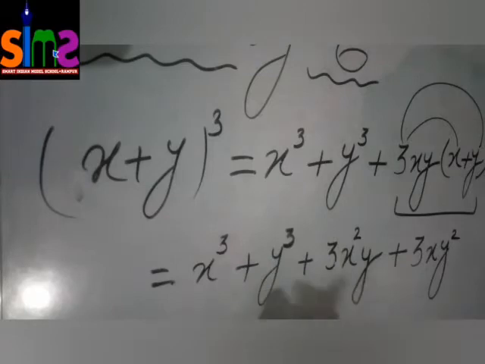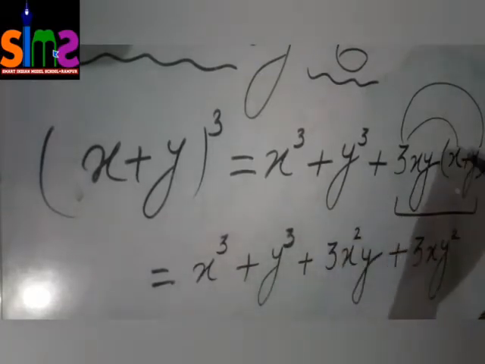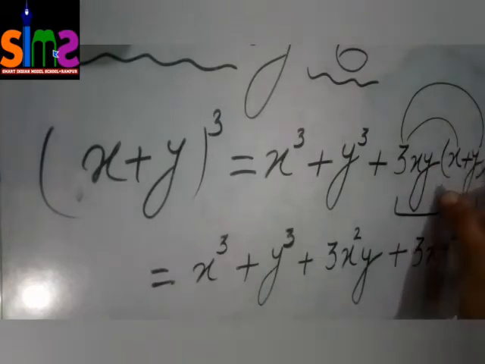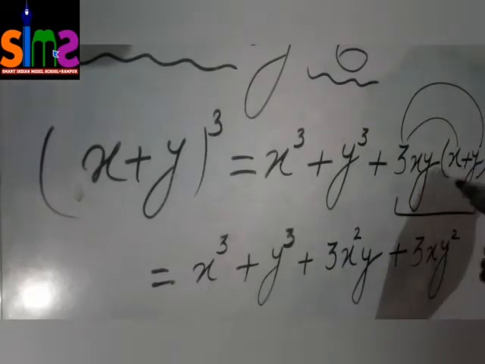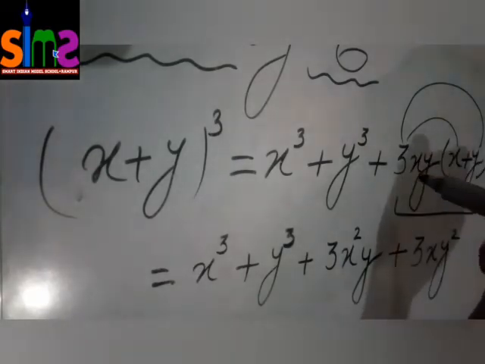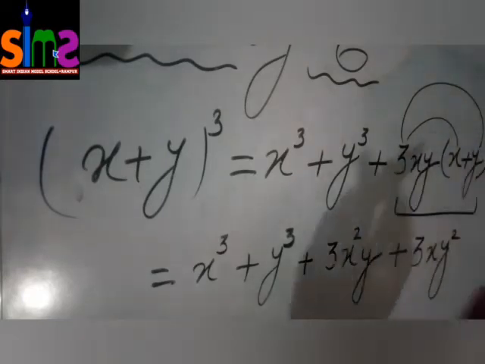If we express it in a longer, more expressive form, we will multiply this 3xy to this bracket also. We will cancel this bracket. To remove this bracket, we need to multiply 3xy to x first and again 3xy to y.